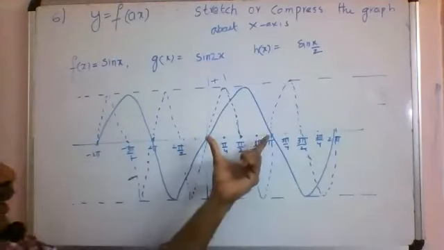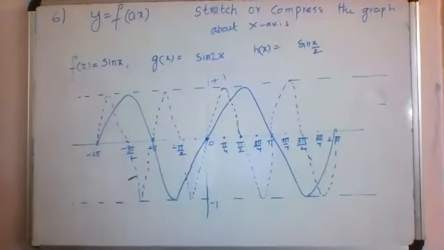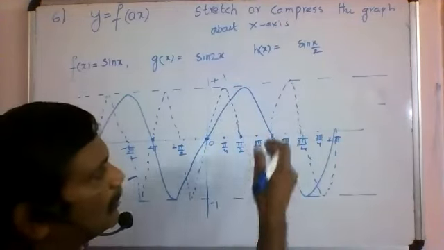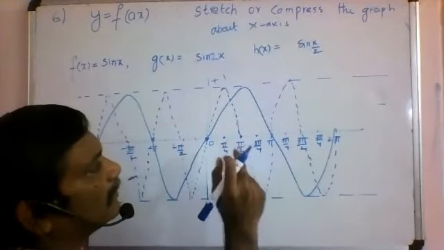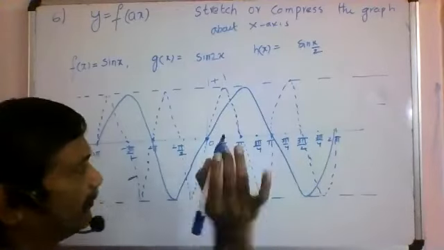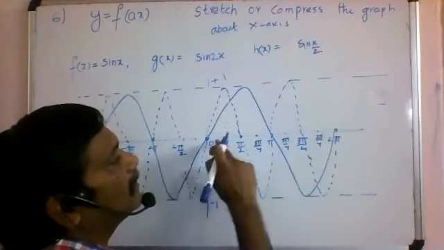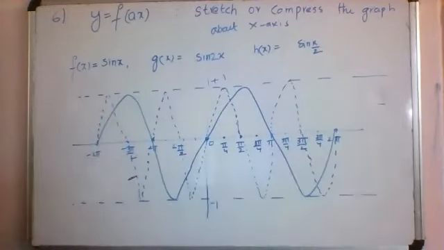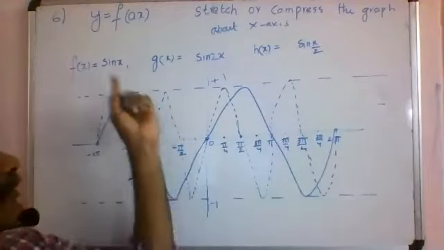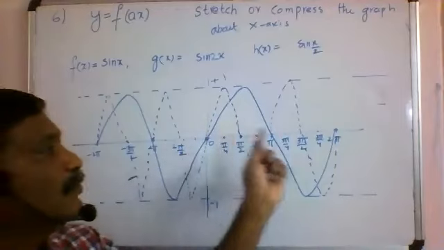That is the distance between two consecutive nodes, or in physics you say amplitudes. So I take one complete cycle. If you take one complete cycle from here to here, how much is that? It is 2 pi. In the original graph, we can say the period is 2 pi.